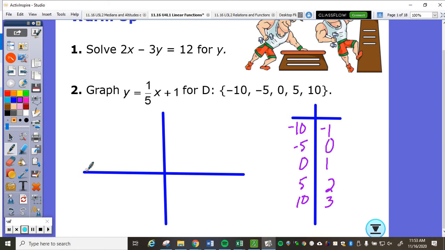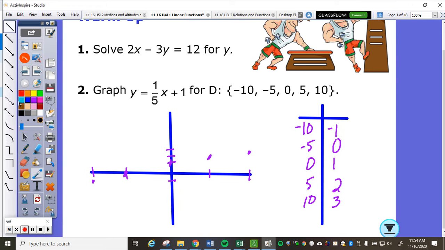So we have, let's say, negative 10, negative 1, put a point there, negative 5 and 0, put a point there, 0 and 1, put a point there, 5 and 2, put a point there, and positive 10 and 3.